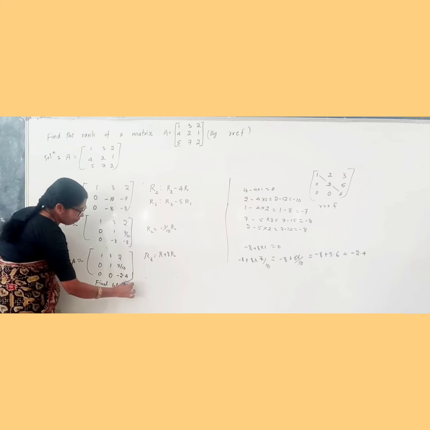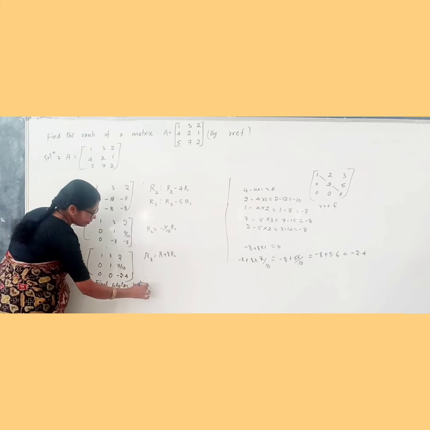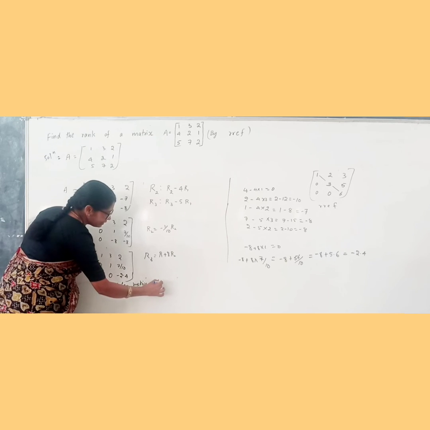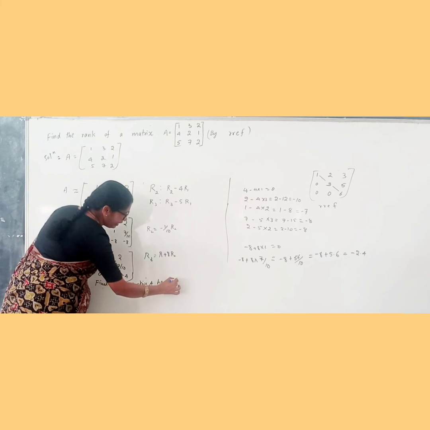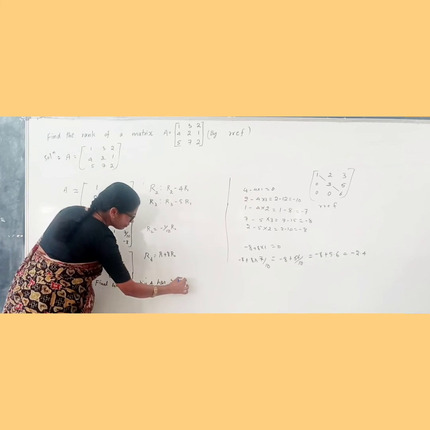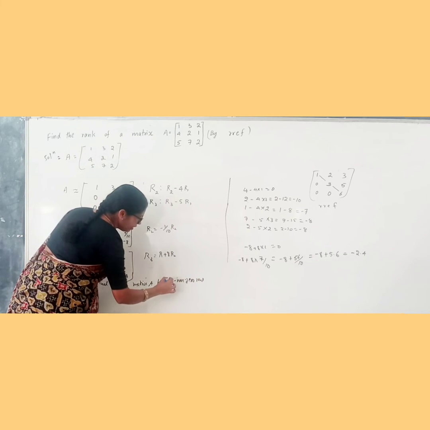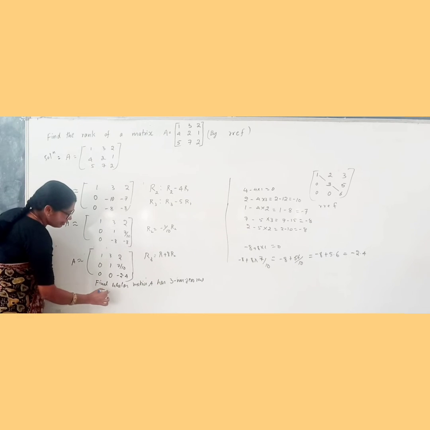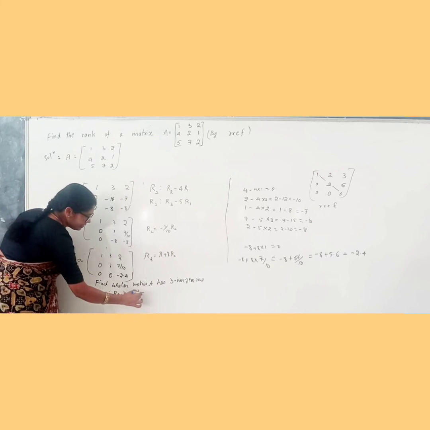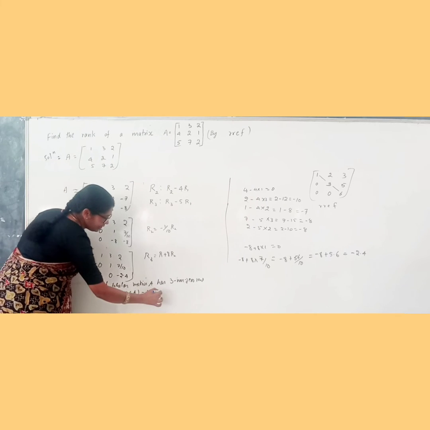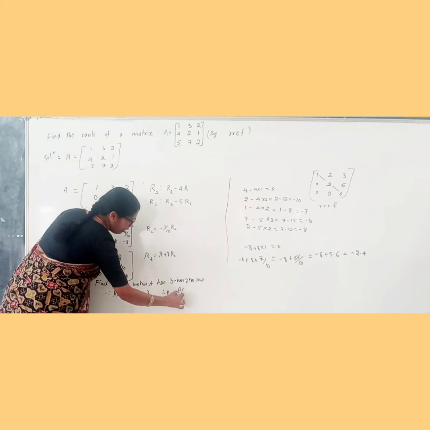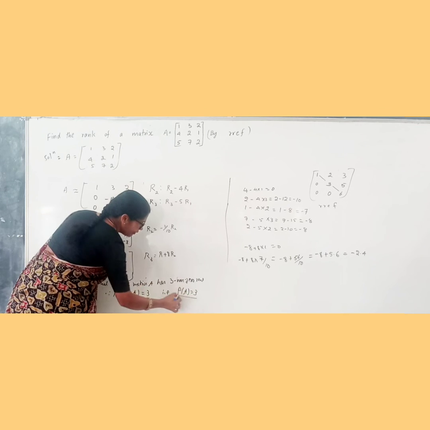Final echelon matrix A has how many non-zero rows? 3 non-zero rows. Therefore, the rank of this matrix A is equal to 3. That is denoted as the rank of A is equal to 3.